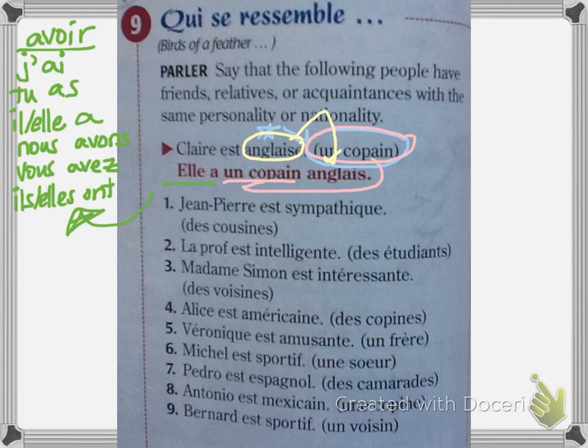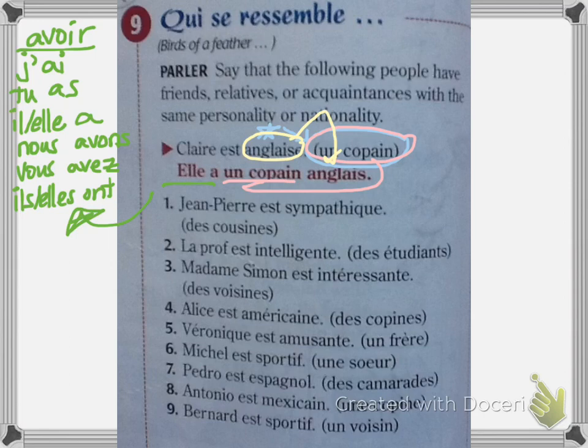Elle a des étudiants intelligents. 3. Madame Simone est intéressante, des voisines. Elle a des voisines intéressantes. 4. Alice est américaine, des copines. Elle a des copines américaines.